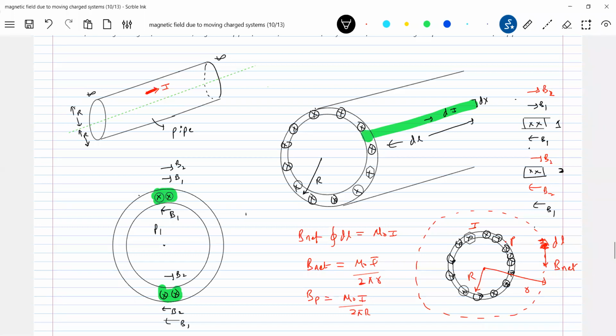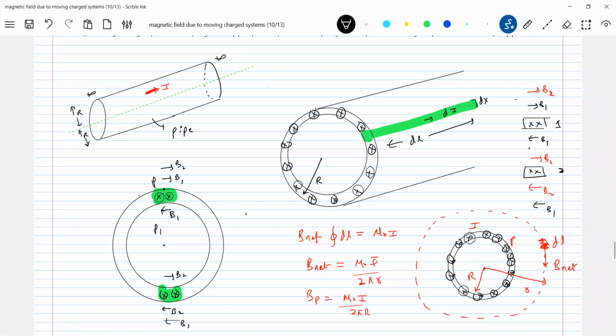Now, what is B1, B2? B1 plus B2 is BP, no, on the surface. What is the field at this particular point? Is it only due to sheet 1, or due to both? Due to both, no? So what is B1 plus B2? At point P, the field should be due to B1 and B2.